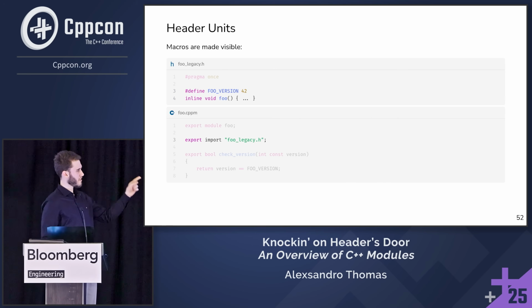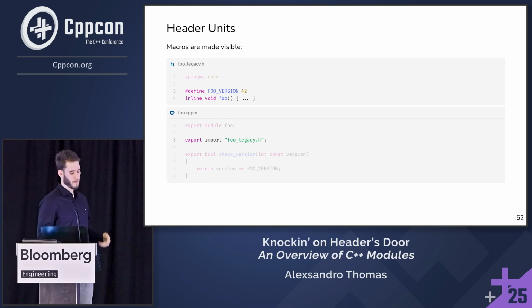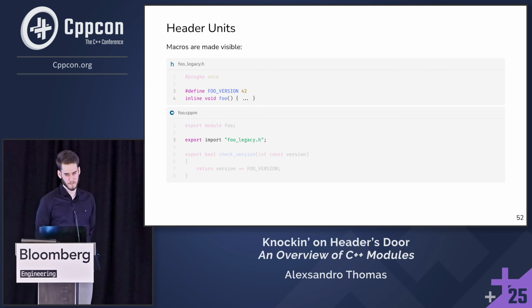But even though you're importing it, that macro will not really be re-exported. So only if the foo function will be visible outside of the context of this foo.cppm that imported it in the first place.